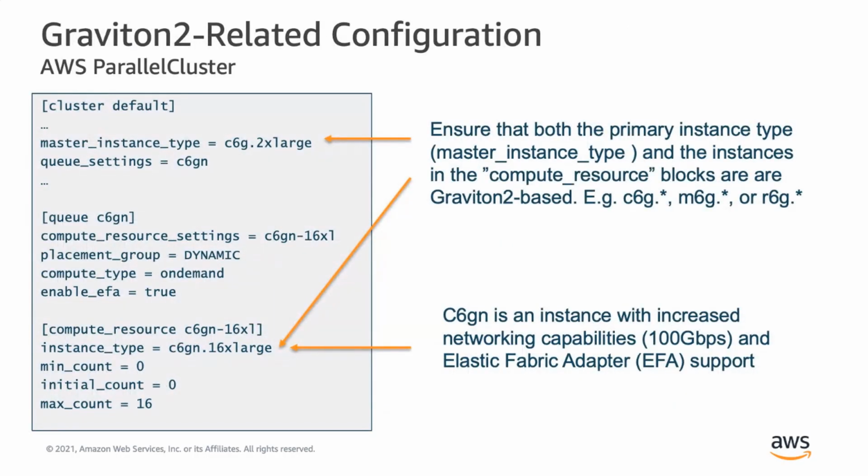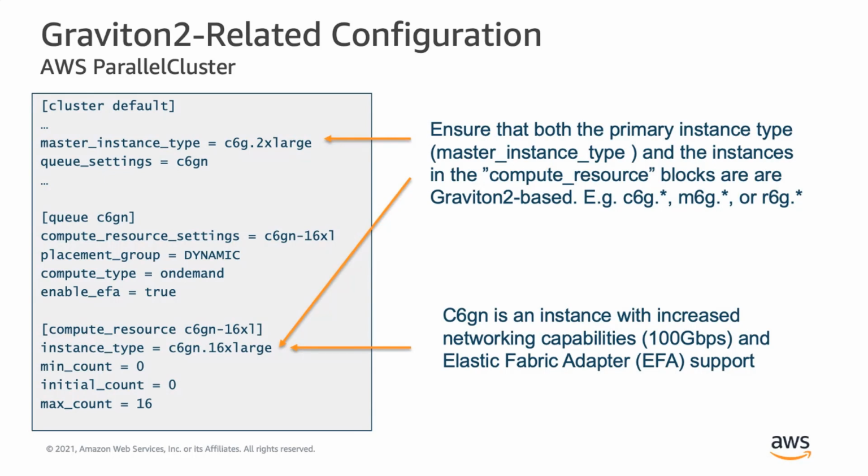What I do want to discuss in this webinar is, what specifically do you need to change for Graviton 2? And at left, you have a partial listing of a ParallelCluster configuration file. There's really only 2 changes that you need to make. The first one is change what your primary instance type is.